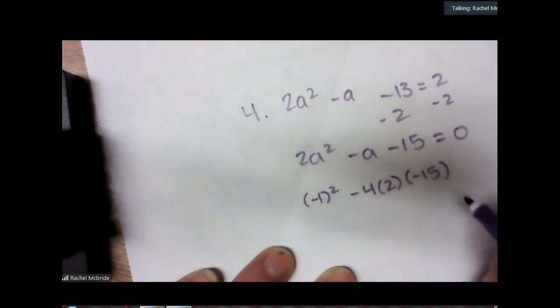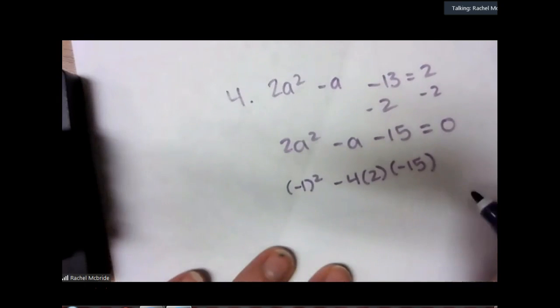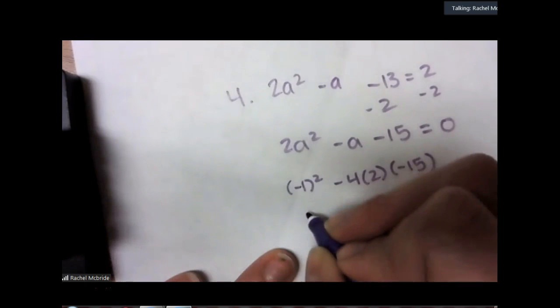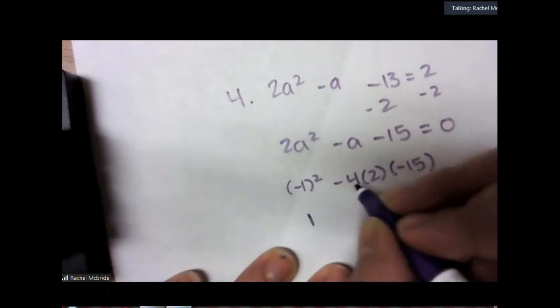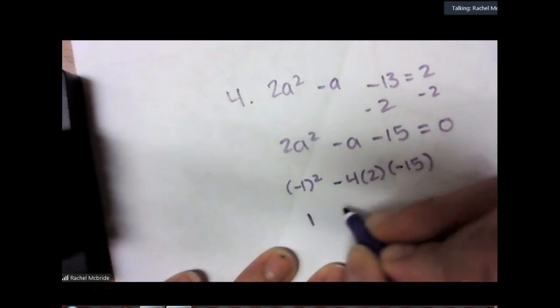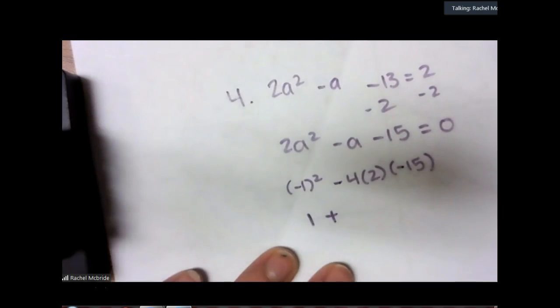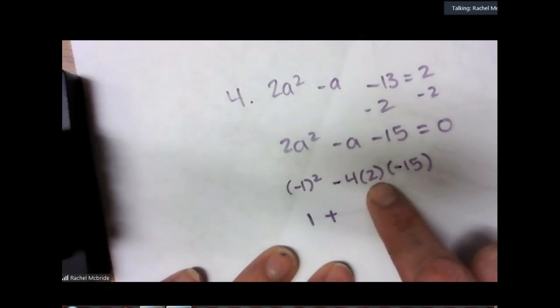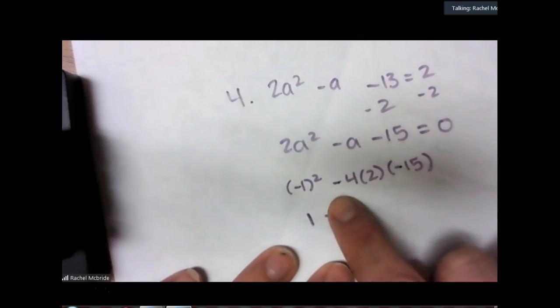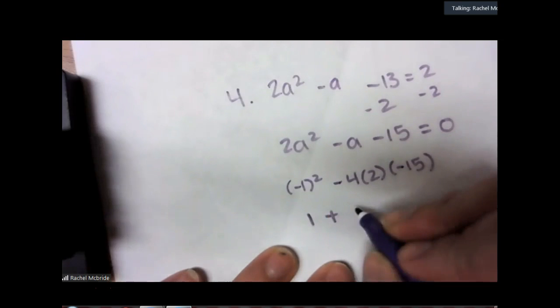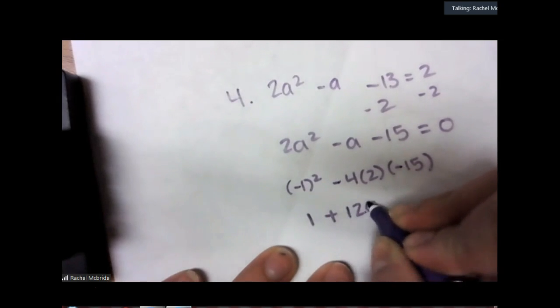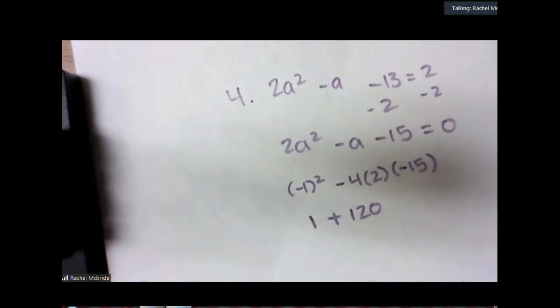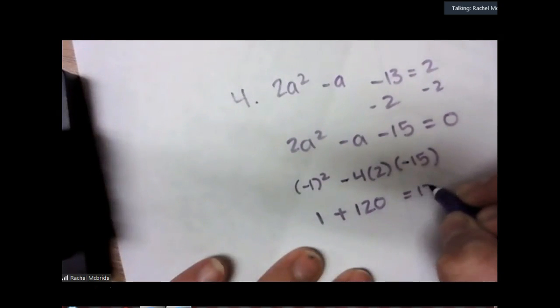So anything squared becomes a positive, so you get 1. A negative times a negative gets a positive. And then 15 times 2 is 30. And 30 times 4 is 120. So we get 121 as our discriminant value.